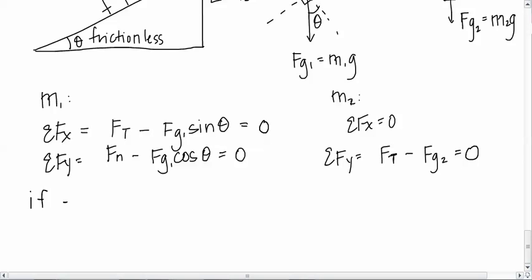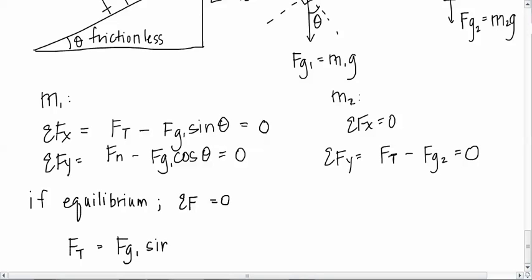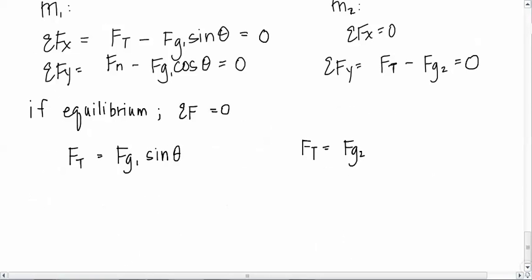If they're in equilibrium, that is, the sum of the forces is equal to 0, then this tension force would be equal to Fg1 sine theta. And your tension force over here would be equal to Fg2. That's if they are in equilibrium.